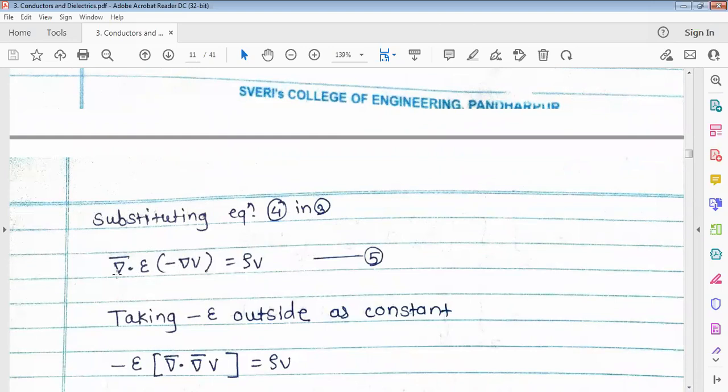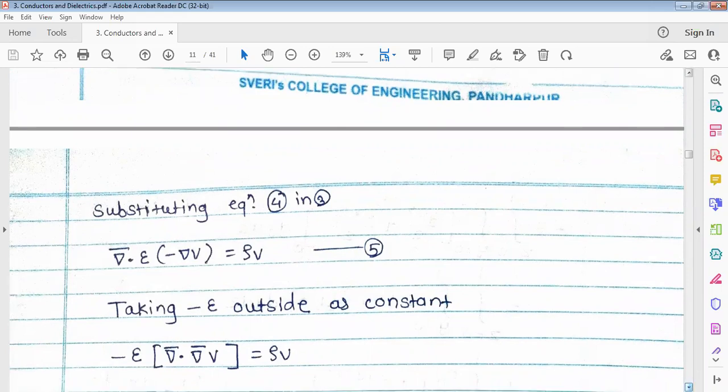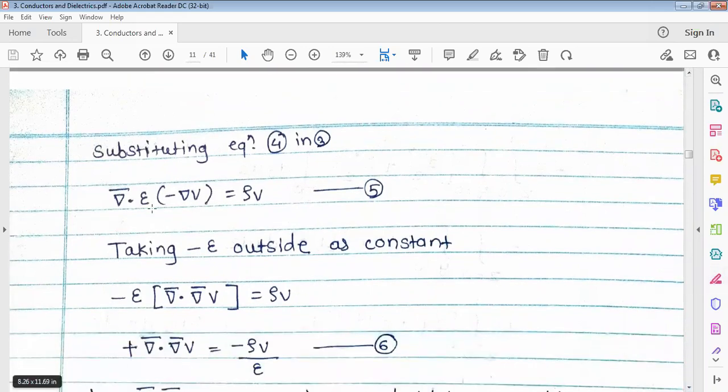Here this minus sign is taken outside, and this epsilon is a constant, so minus epsilon is taken outside. Minus epsilon into bracket, what is remaining? Del dot del into V. So this del dot del, a dot product, is nothing but del square.